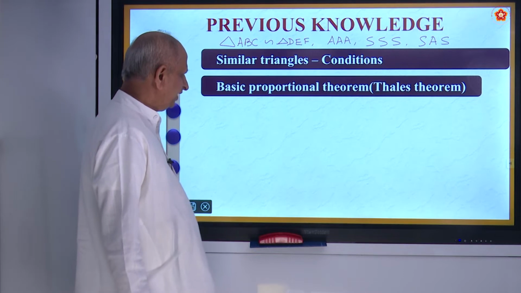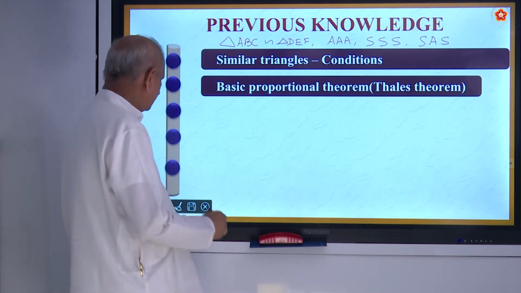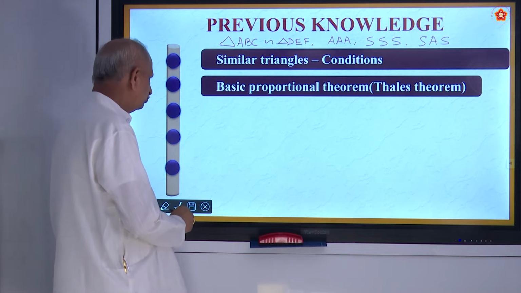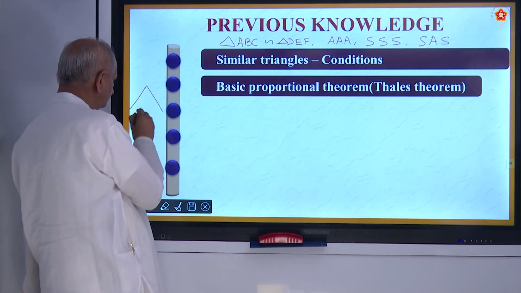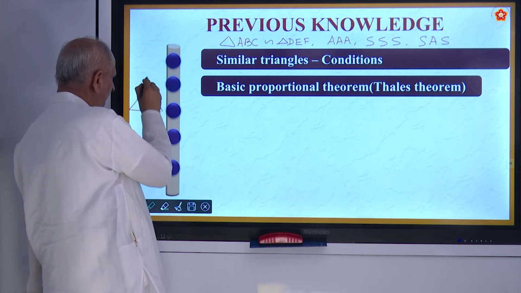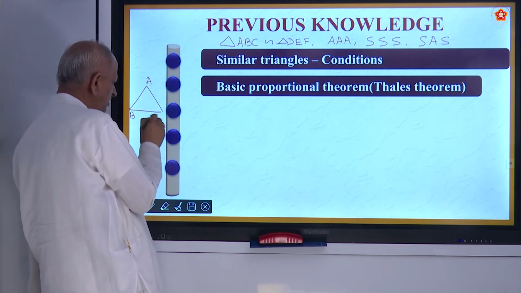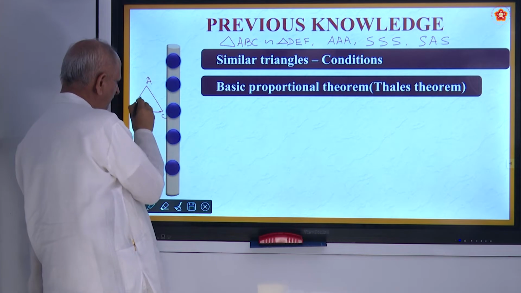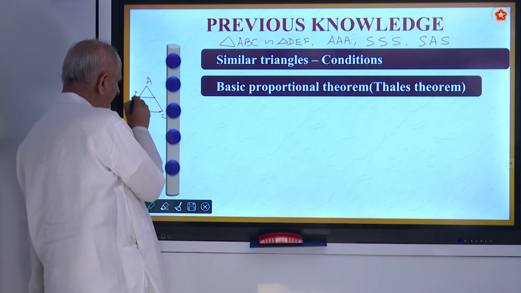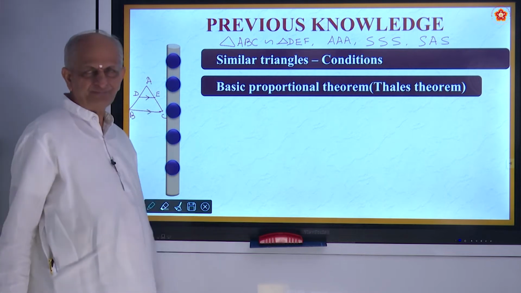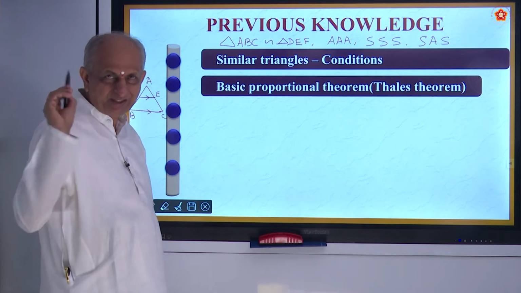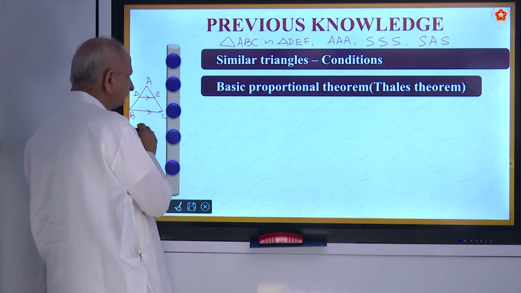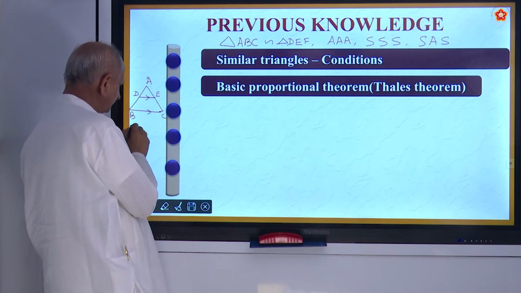Also, you have seen Thales theorem. When a line is drawn parallel to one of the sides, let us suppose ABC is a triangle. If a line is drawn, say called DE, parallel to one of the sides, it divides the other two sides proportionally. What does it mean?